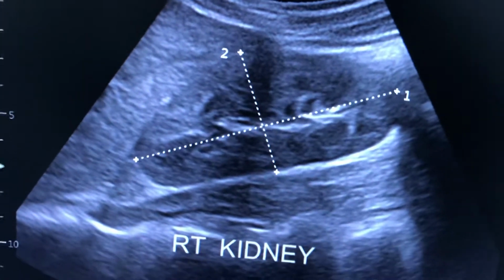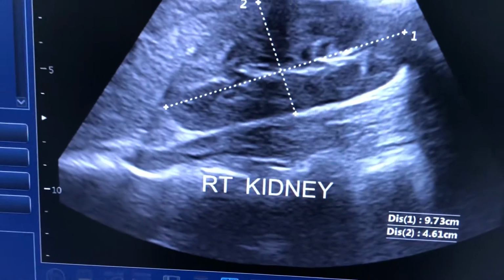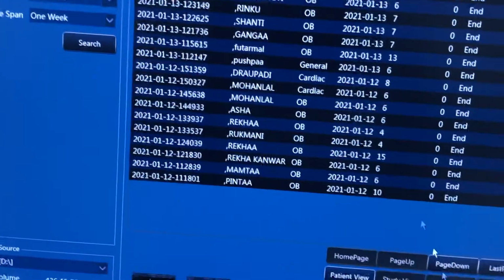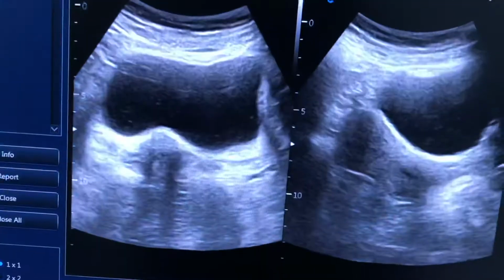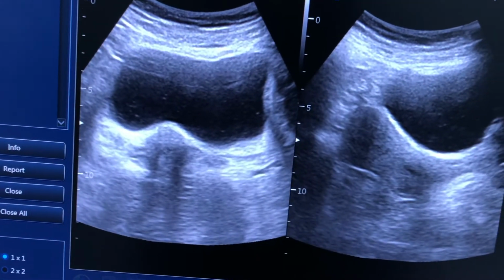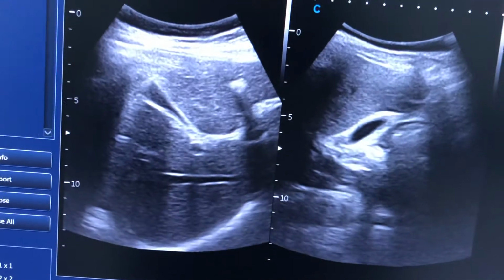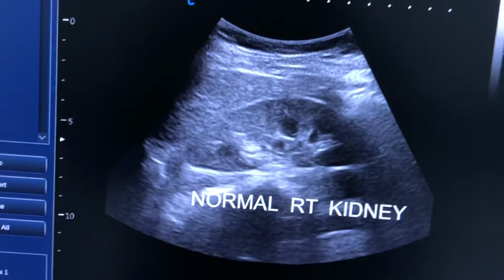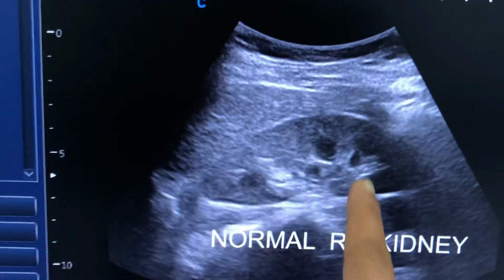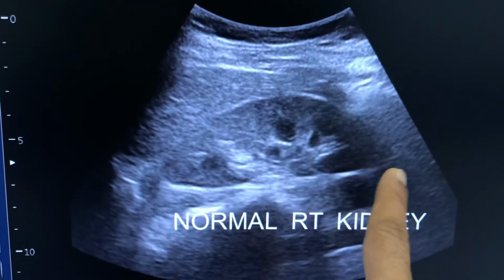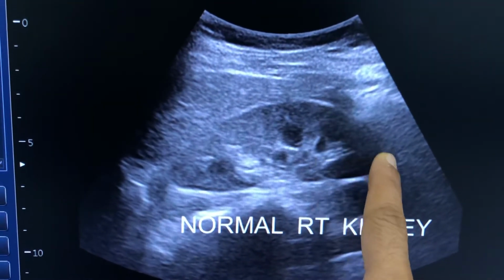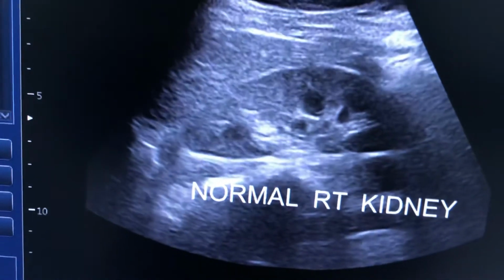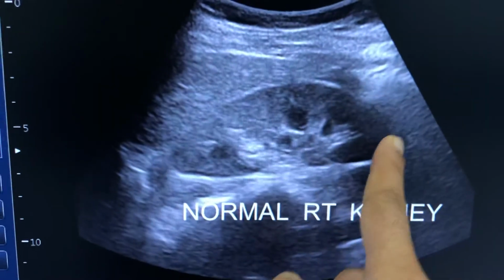Okay, I will show you the normal right kidney. You see this normal right kidney. You see there is a pointing over here. Not so much pointing, but just try to understand what I mean to say. There is a pointing over here, a V shape.